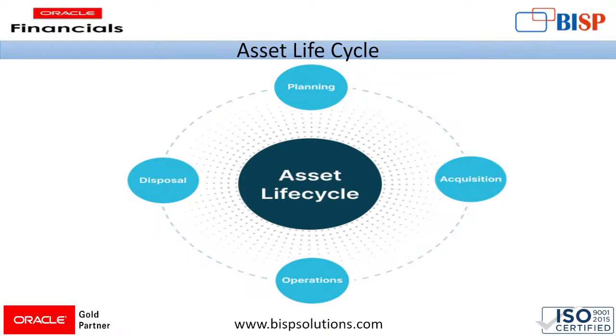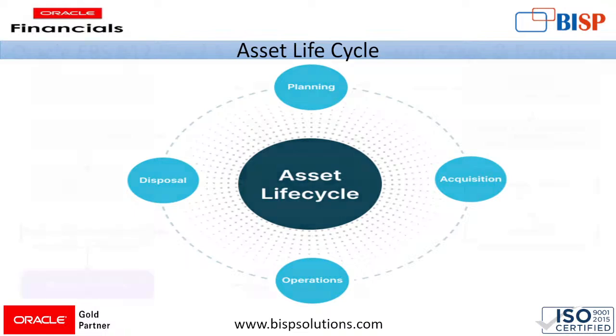It is removed from service and either sold, discarded, or shipped out. Right, so that is the end of the life cycle. So this is the fourth stage. In a broader sense, you can say the asset life cycle is planning, acquisition, operations, and disposal.